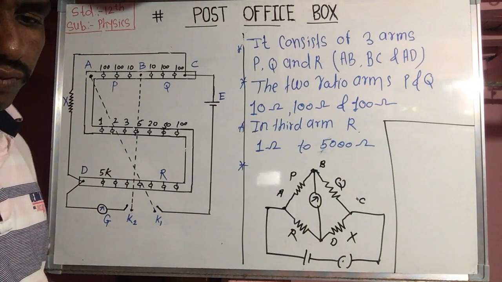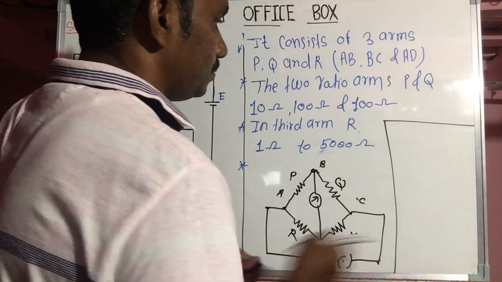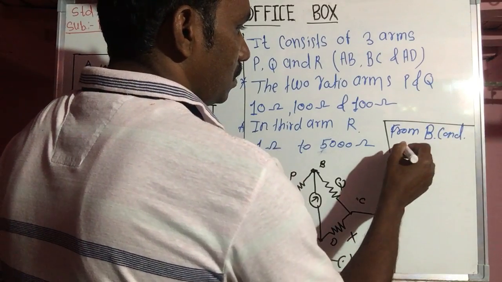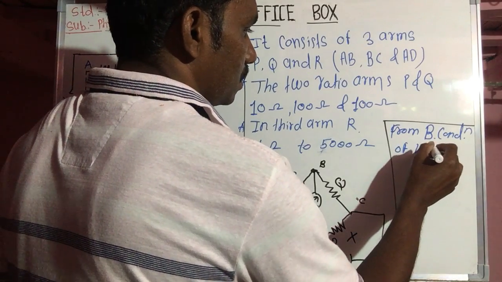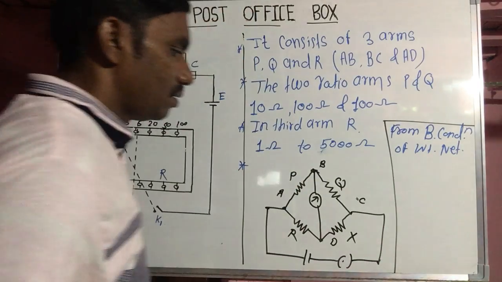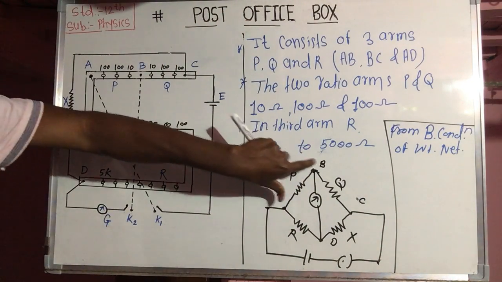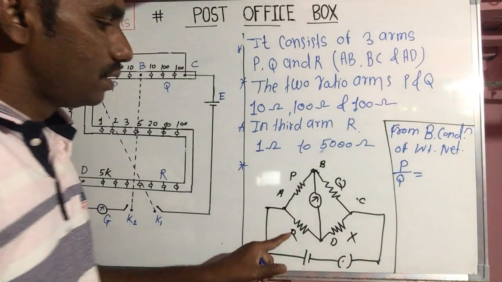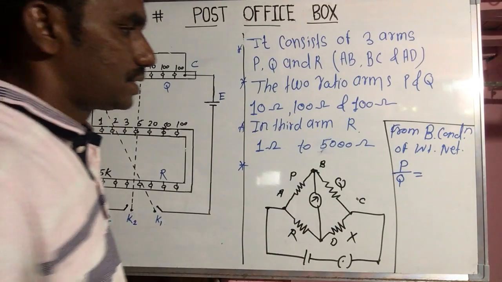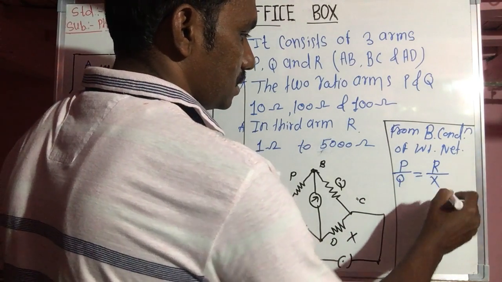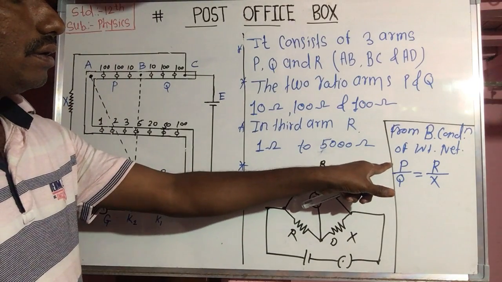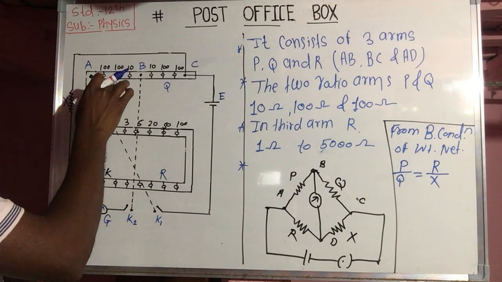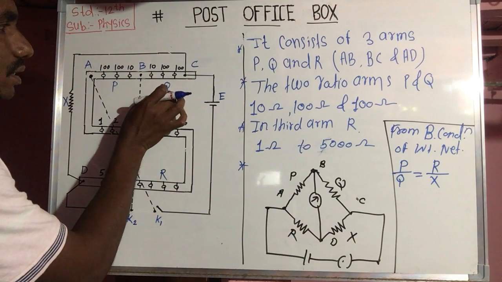Now, from the balancing condition of the Wheatstone network, the ratio of the two arms P by Q equals R by X. Remember that the resistance in arm AB, that is P, is known, and the resistance in arm BC, that is Q, is also known.